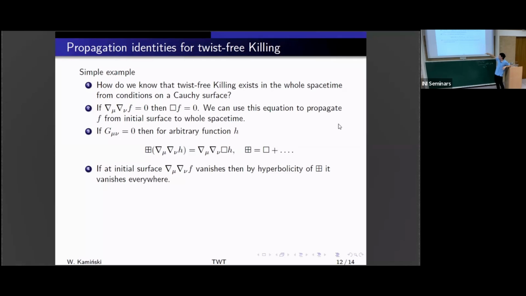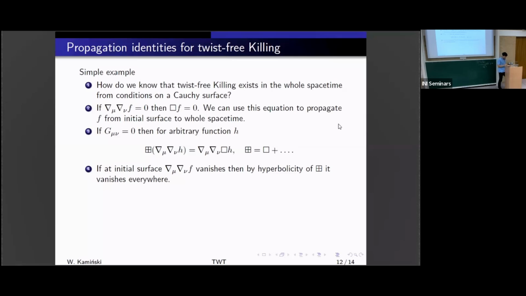But then if this second derivative vanishes on the initial surface, by the property of the hyperbolic equation it will vanish everywhere. And okay, we are done. We showed that the gradient of f is a Killing vector. So we just extend f by the wave equation, and the second equation shows us that it's a Killing vector.